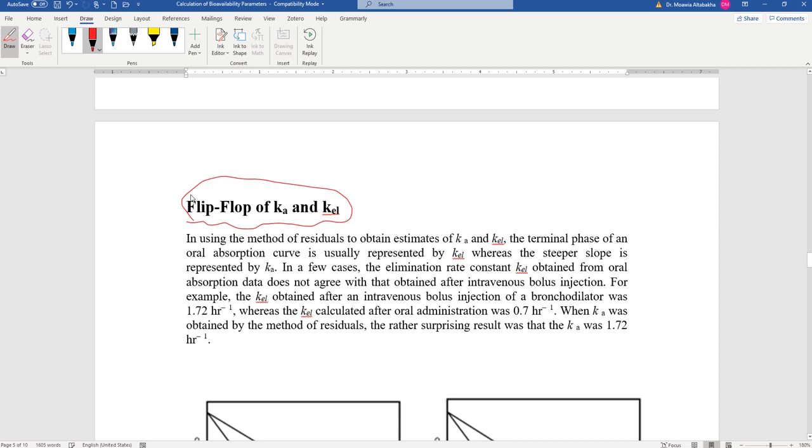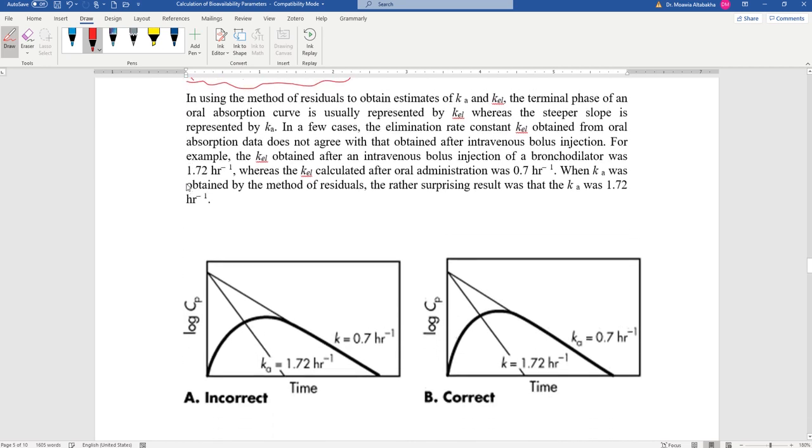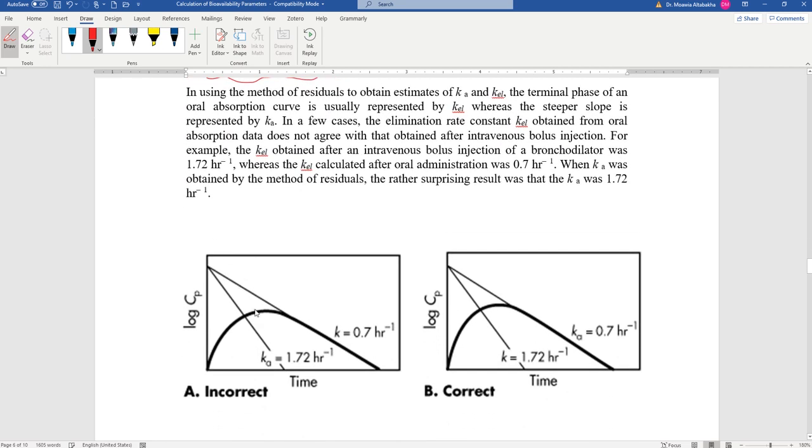Let's say Mustafa has done an experiment where he used a drug that is administered orally or extravascularly, and he collected blood samples, and he did the residual method.